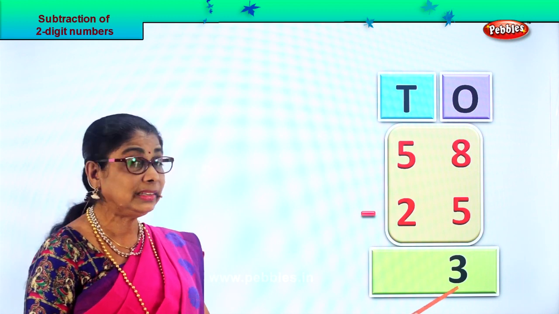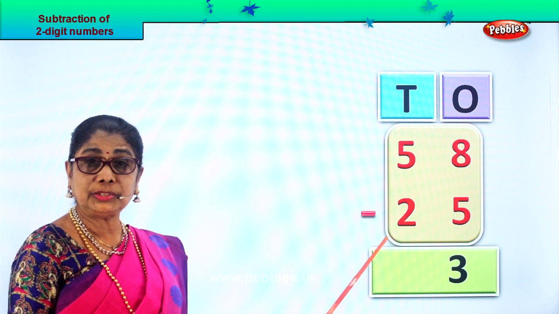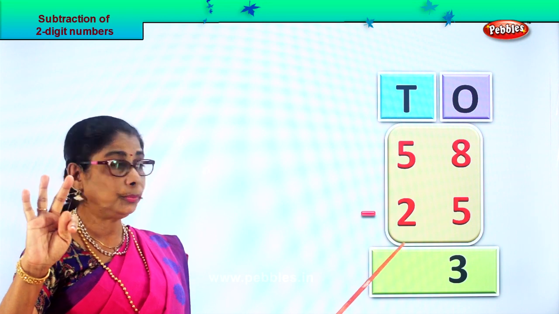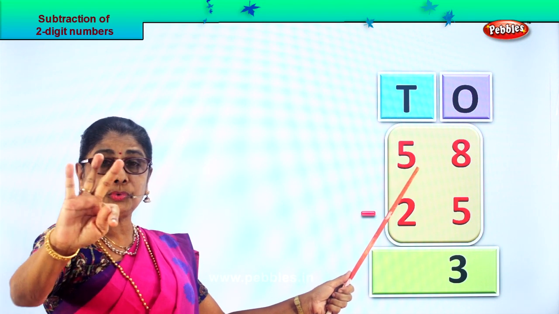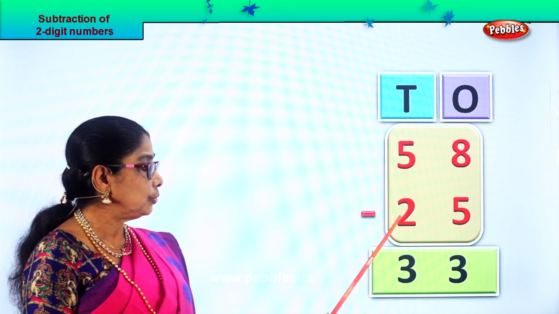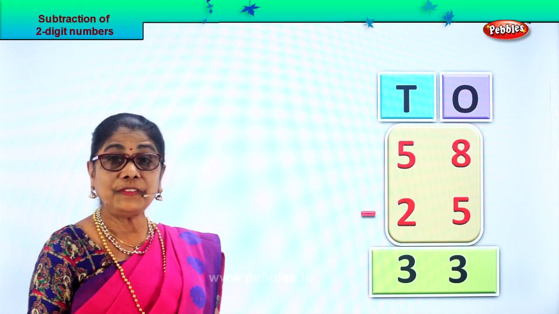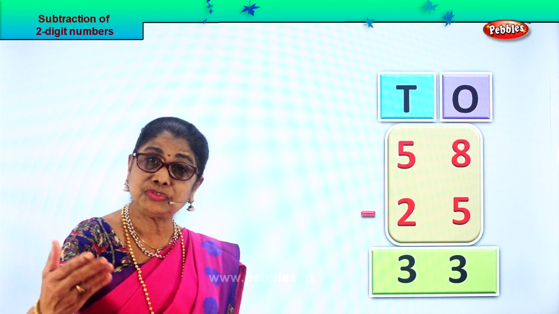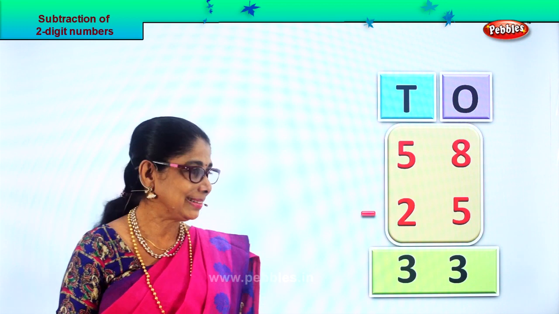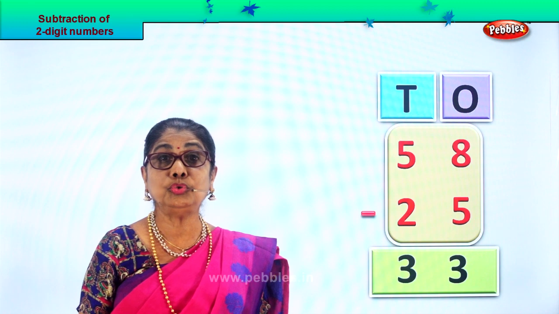Now you have here 5 minus 2. How many left? 3. So you get 3 here. 58 minus 25 gives you the answer 33, 3 tens, 3 ones. Okay?